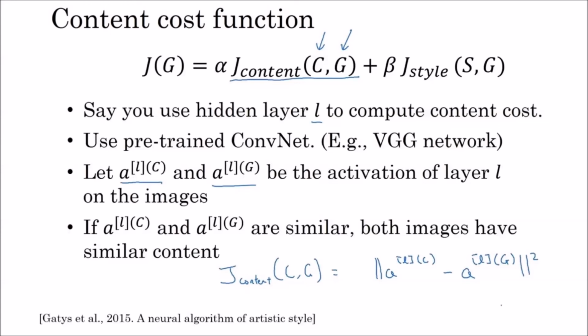In each epoch, we try to reduce the cost function, and by doing that we make the generated image similar to the content image. Now we have discussed the content cost function. Later we will discuss the style cost function, which is the other part of the neural style transfer cost function.